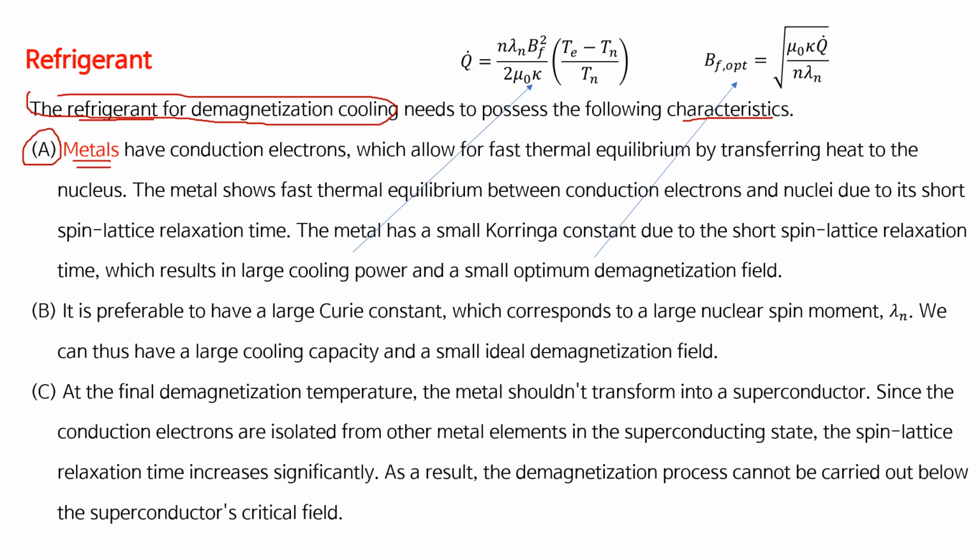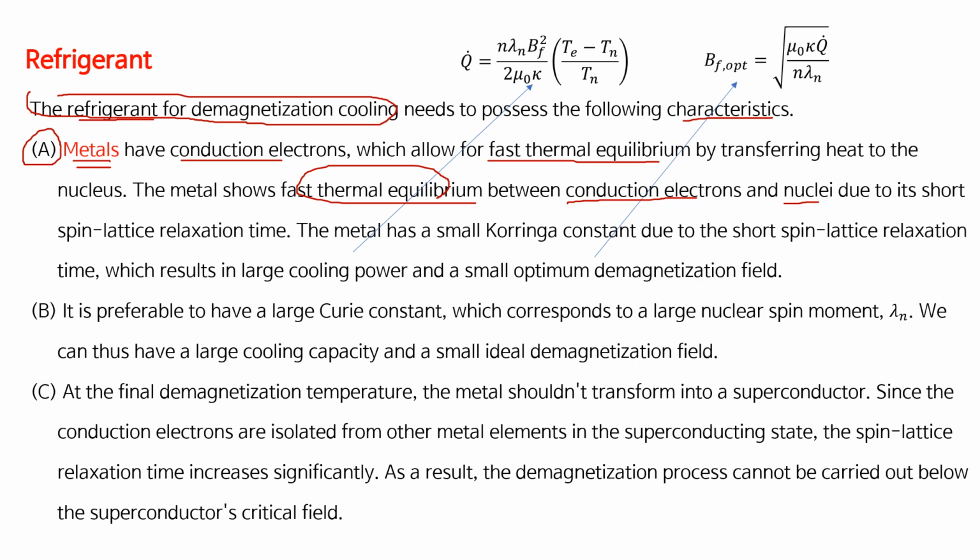Metals have conduction electrons, which allow for faster thermal equilibrium by transferring heat to the nucleus. The metal shows the fast thermal equilibrium between conduction electrons and nuclei due to its short spin lattice relaxation time.